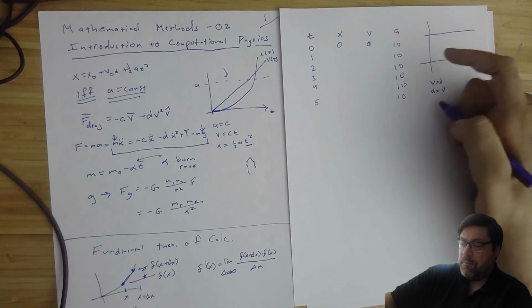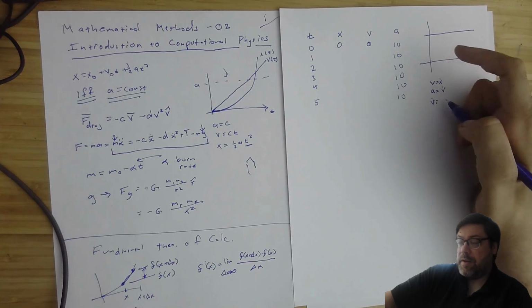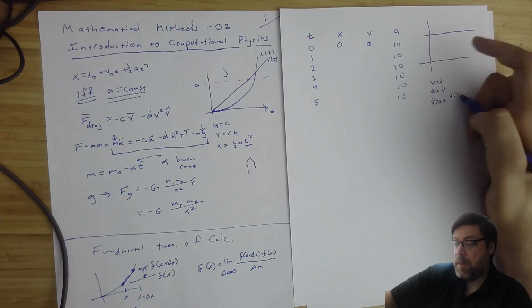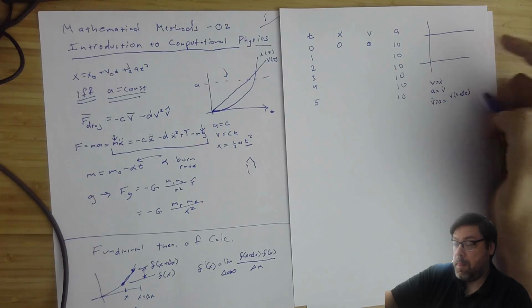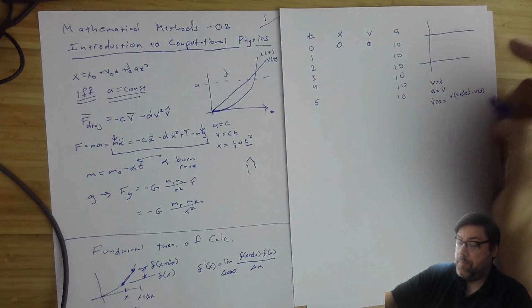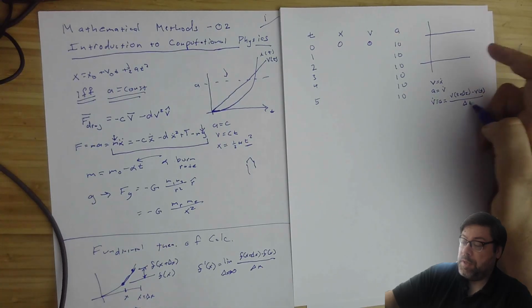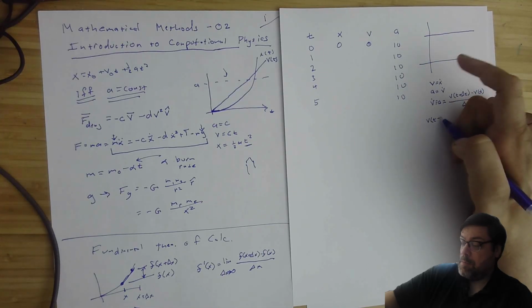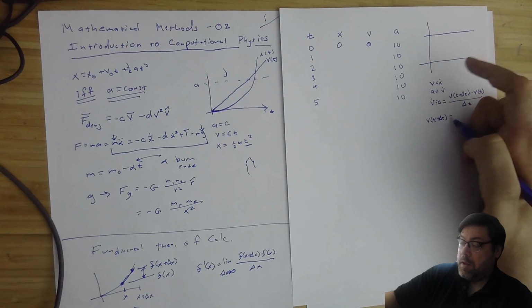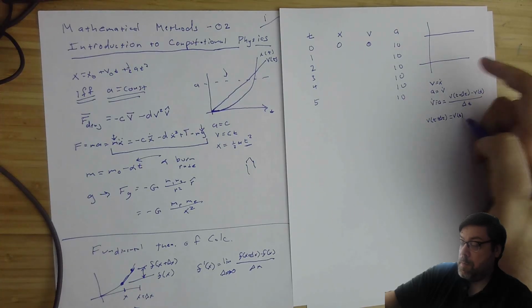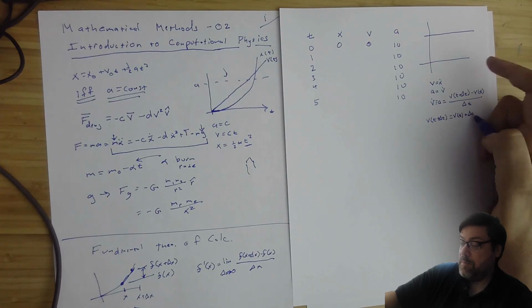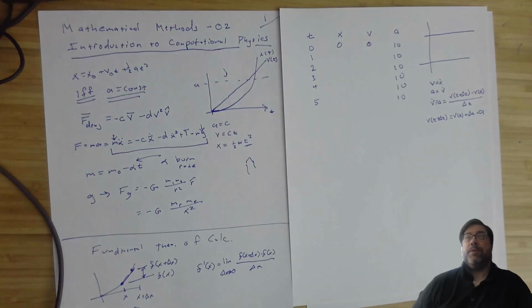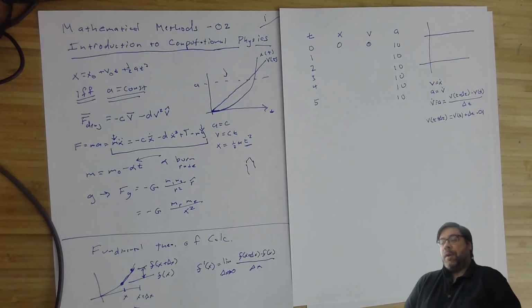So acceleration, defined as v dot, equals v of t plus delta t minus v of t, all over delta t. Rearranging this equation, we have v of t plus delta t equals v of t plus delta t times a. Hopefully you see how I just used some algebra to rearrange that equation.